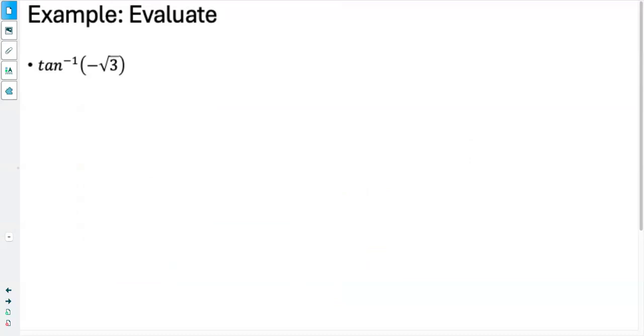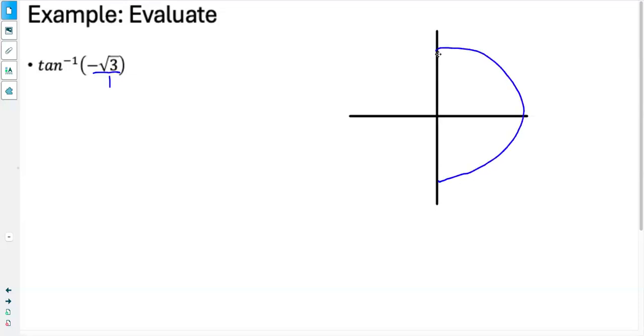The next one, we've got tan⁻¹ of -√3. Now, we could rewrite -√3 as -√3 over 1. We know that we have to be in these two quadrants.